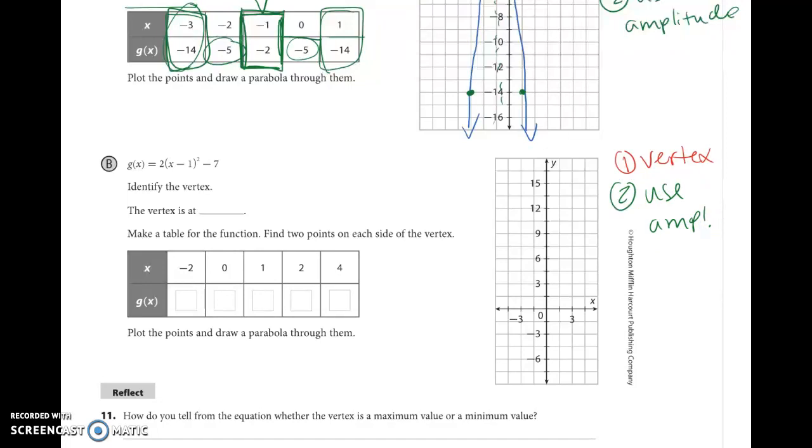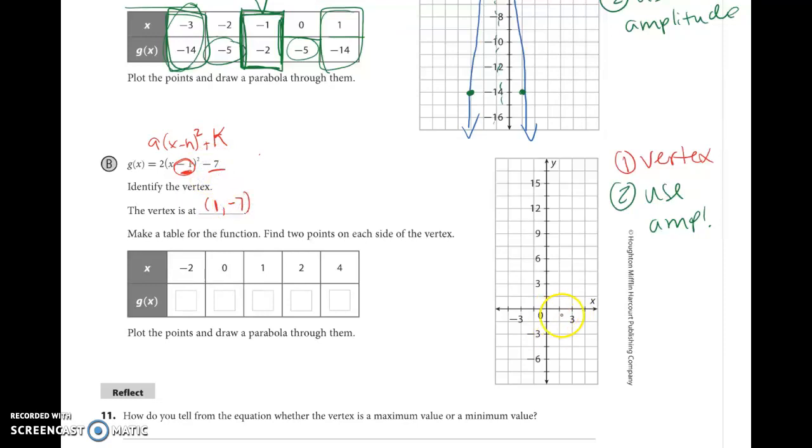So step 1, my vertex, remember your standard form was a x minus h. Not standard form, your vertex form. A times x minus h squared plus k. So if I'm looking at this, h is this number in here, and you always flip the sign of what's in here. So my vertex is going to be positive 1, and then my k is going to be negative 7.